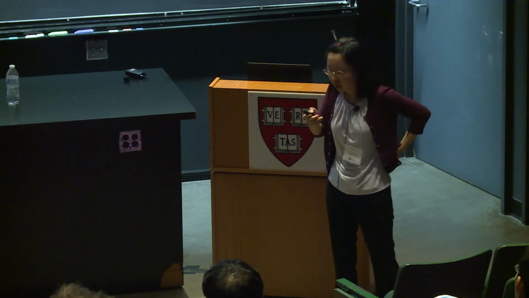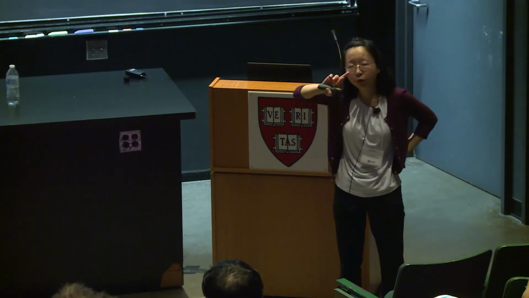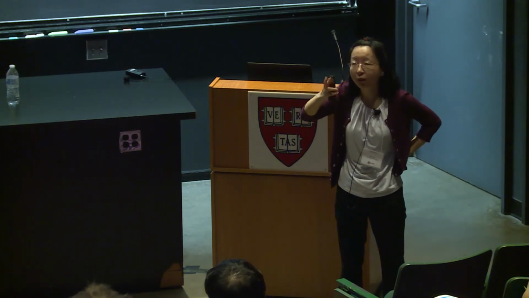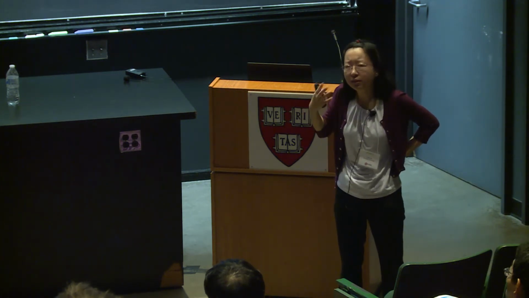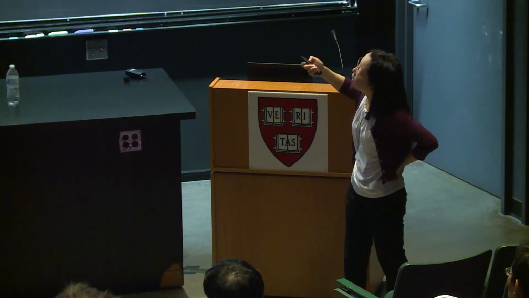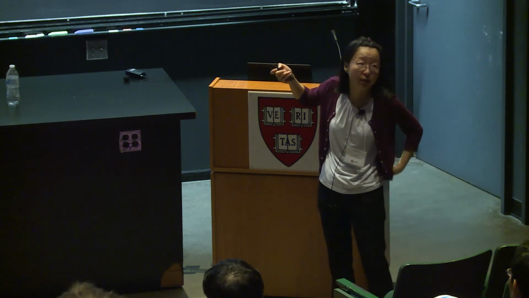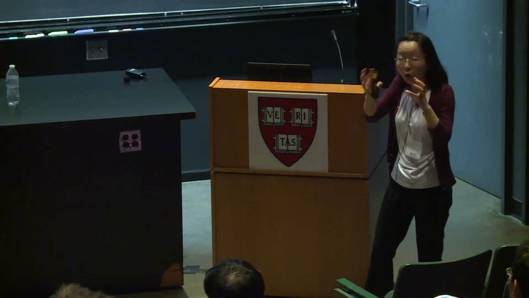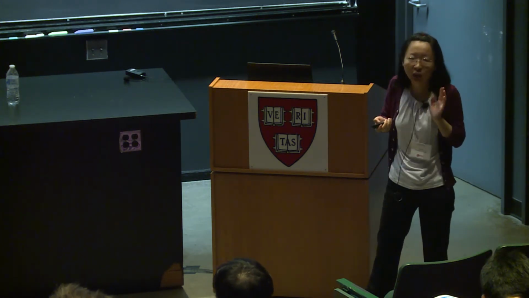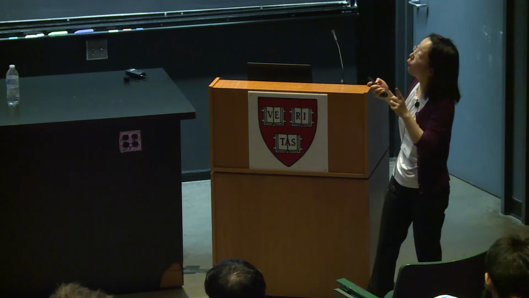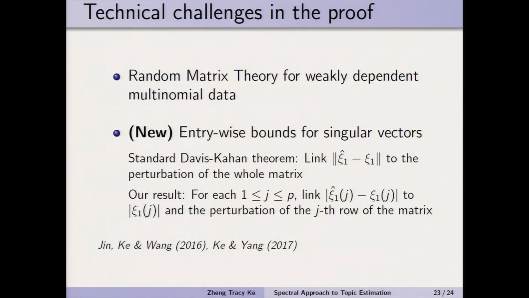Basically, we want to know that if we perturb a matrix, what is the perturbation on the singular vectors? The famous Davis-Kahan theorem, also called the sin theta theorem, can quantify the perturbation of the whole singular vector. But that's not enough. We need to carefully quantify the perturbation of each coordinate of the singular vector.